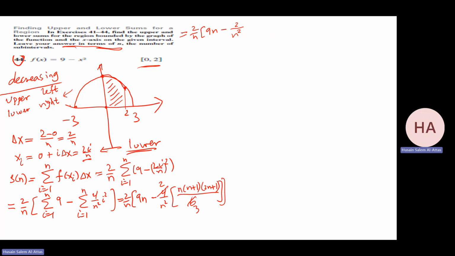This one is 2n square plus 3n plus 1 times n, so 2n cubed plus 3n square plus n over 3.